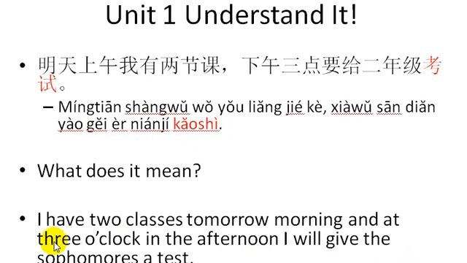So, how close did you get to this? I have 2 classes tomorrow morning, and at 3 o'clock in the afternoon, I will give the sophomores a test. 明天上午我有2节课，下午3点要给2年级考试. Okay, I have 2 classes tomorrow morning.